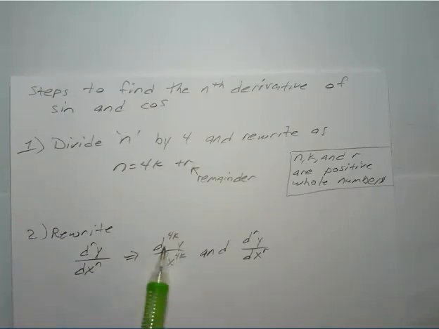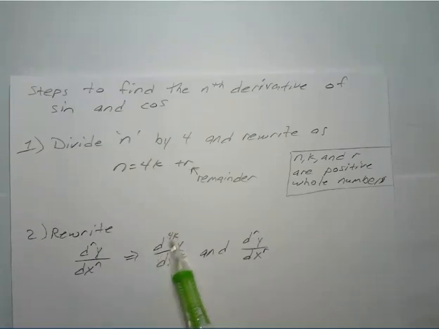Okay, that's because the fourth derivative of either your sine or cosine will always bring you back to the original trig function. So if you started with sine, by the time you get to the anything times 4 derivative, you'll be right back at sine. So if you started at cosine, by the time you get to any multiple of 4 derivative, you'll be right back at cosine.